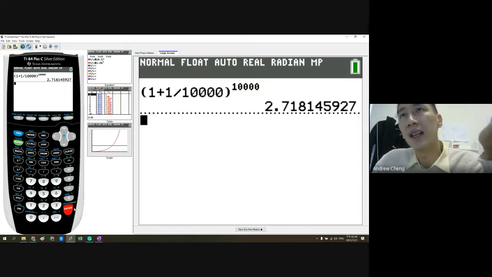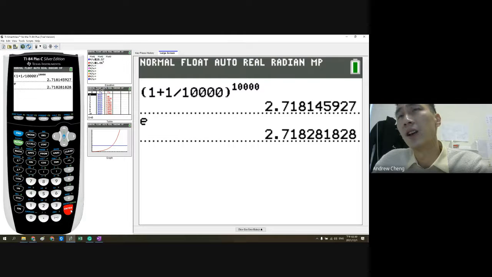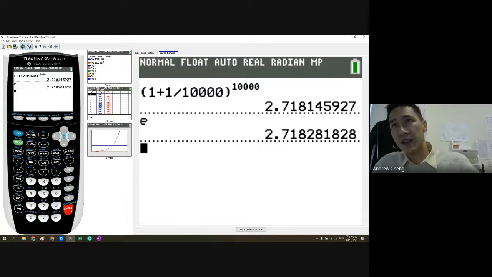So that's my E. You don't have to remember this because you press second and then divide, which is E, and you enter. It's close enough, right? 2.718. Okay, it's on your calculator.